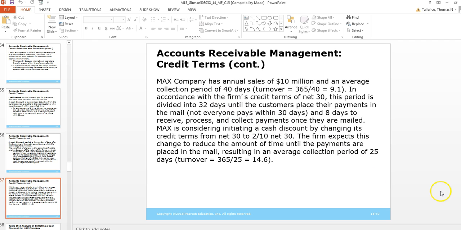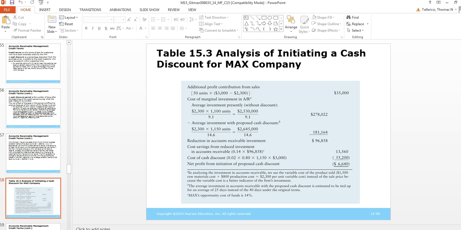And you can see how it'll start affecting, and they go through the math here, and you get the additional profits from sales and net profits from initiation of the cash discount. You'll notice that's in parentheses here, so they're losing on this deal by relaxing the credit standards. They're losing.